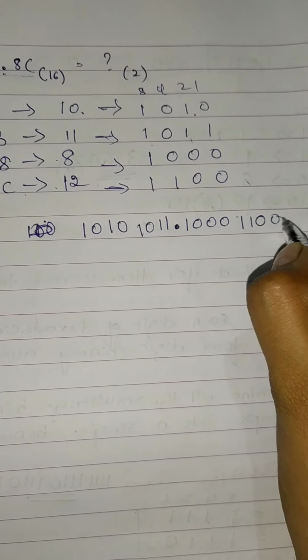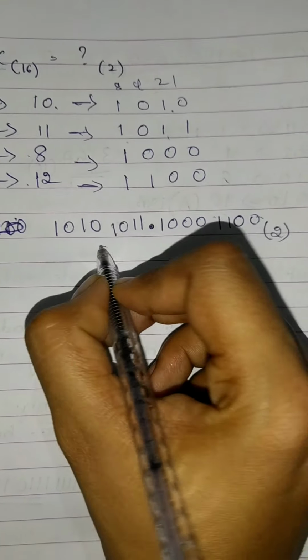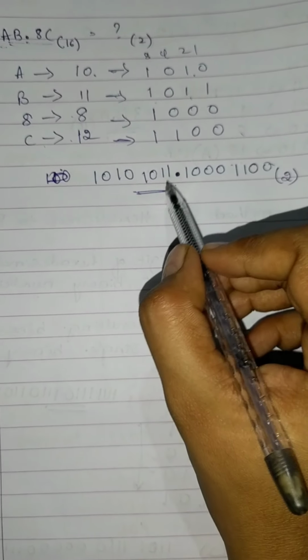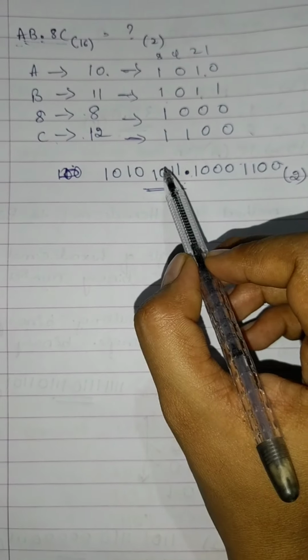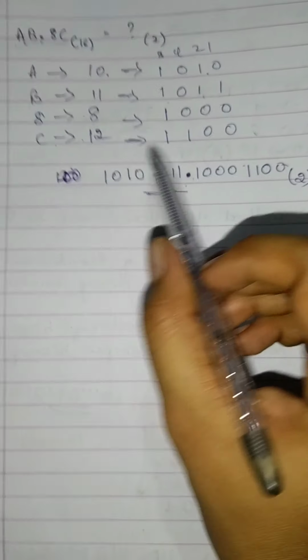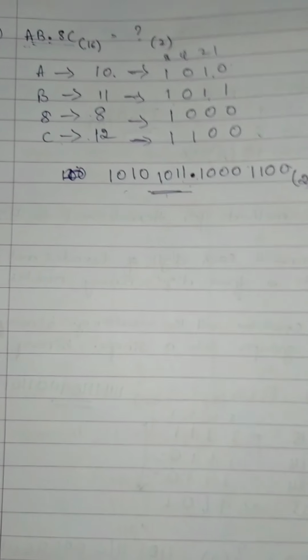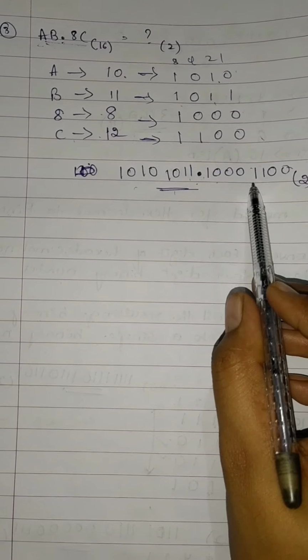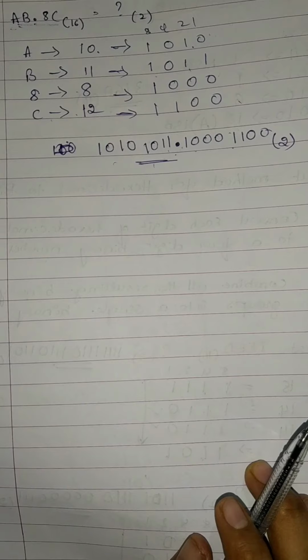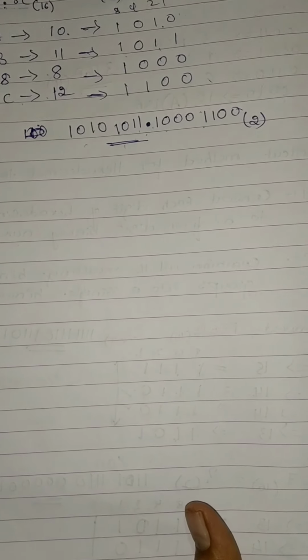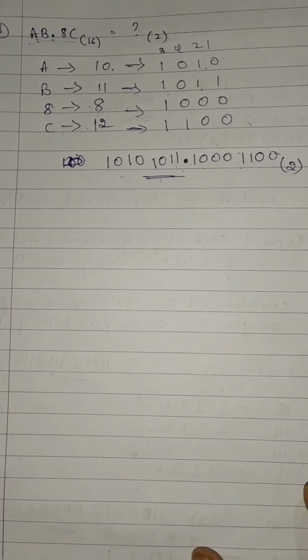The base or radix is 2. So if you get any hexadecimal point, you write the equivalent binary value of those two numbers along with the point, and then the remaining binary digits. These are the shortcuts to be used to convert any given hexadecimal to binary numbers. Thank you.